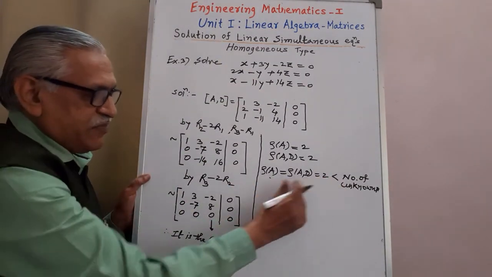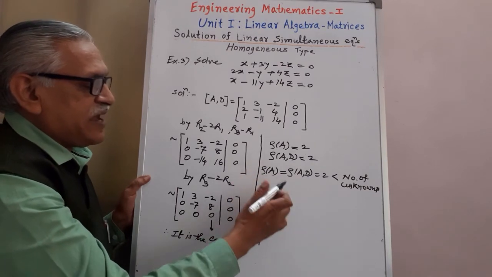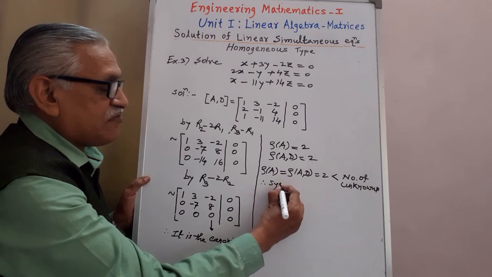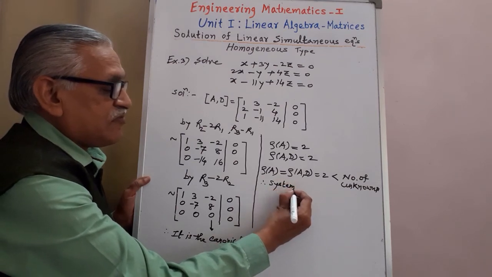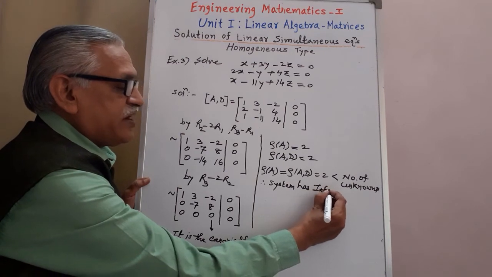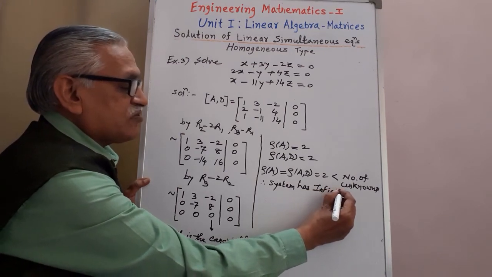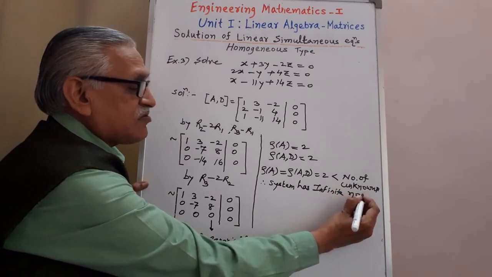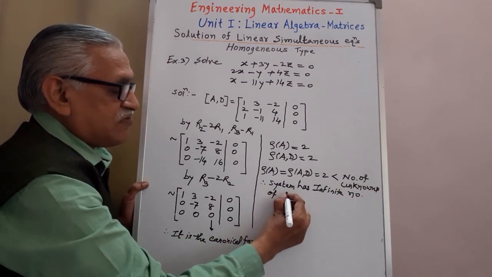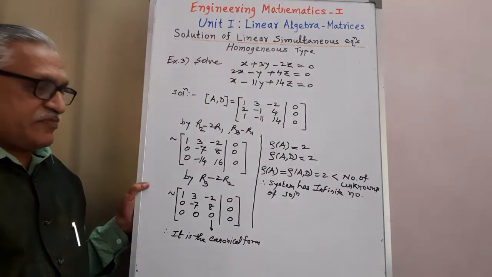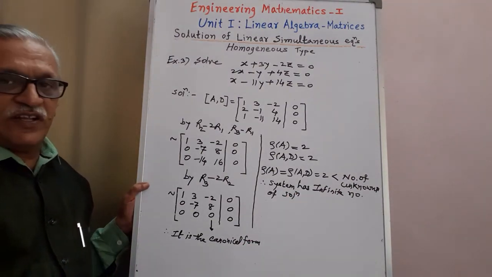And as it is less than the number of unknowns, the system has an infinite number of solutions, or non-zero solution, or non-trivial solution.